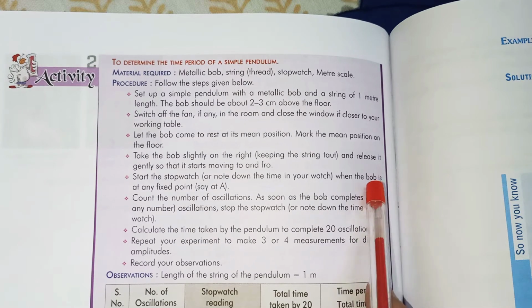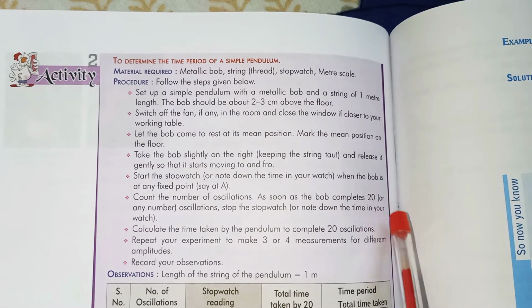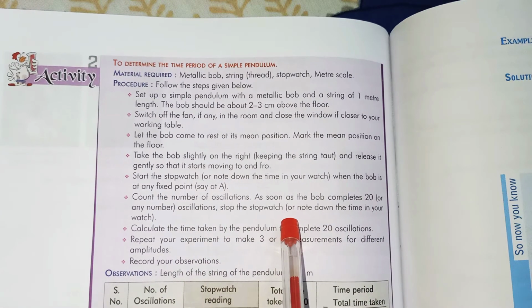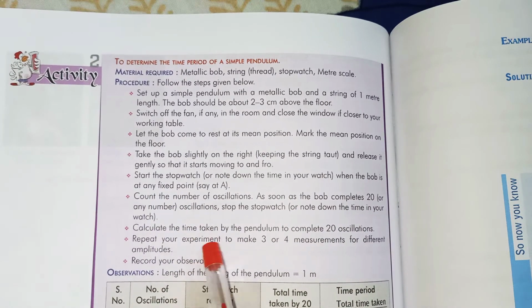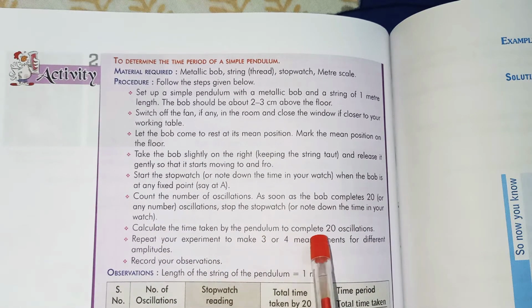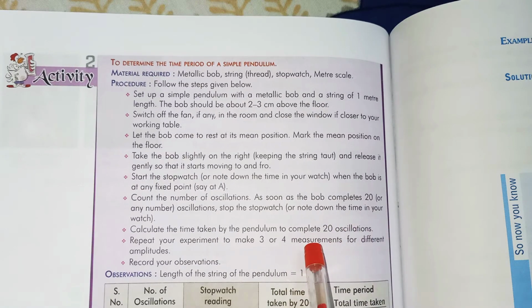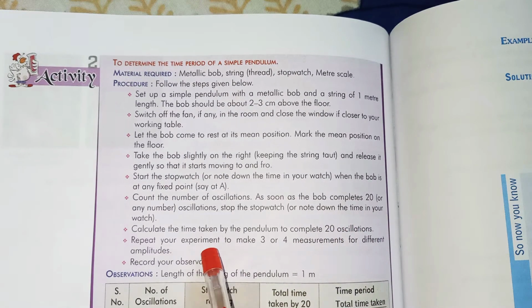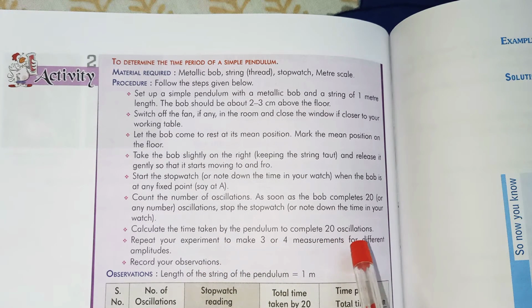That means you have to find out how much time it takes for 20 oscillations. Stop the stopwatch and note down the time. Calculate the time taken by the pendulum to complete 20 oscillations.